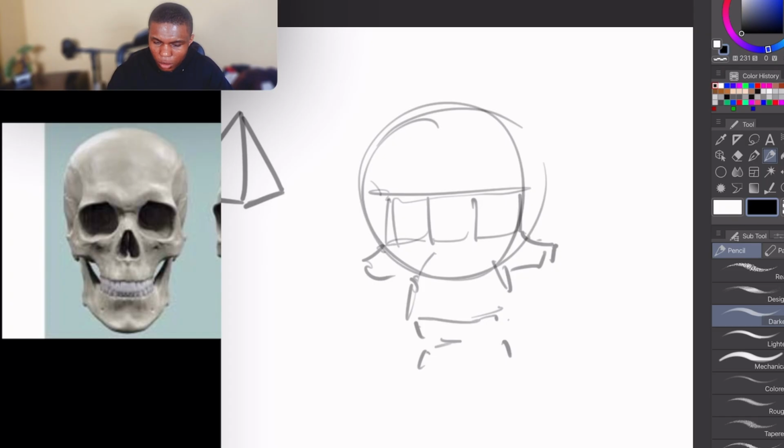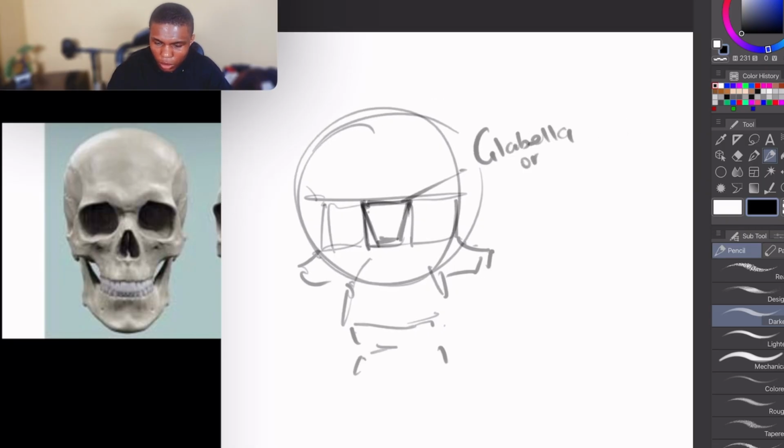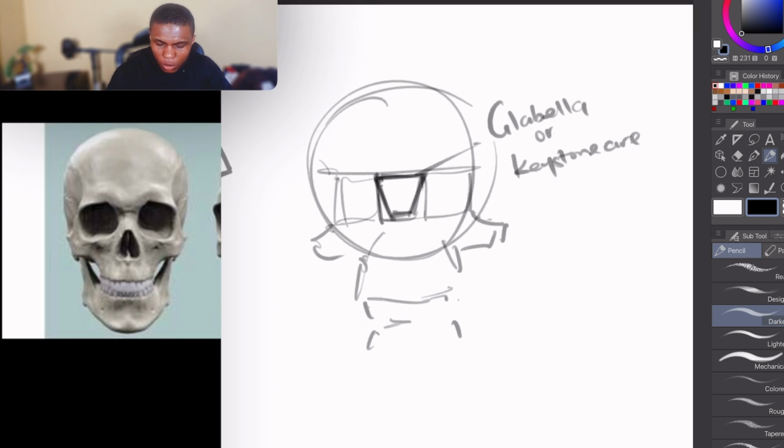You're going to see this area. The nose starts from this area over here, this space here. And this space here is called the glabella, or the keystone area. Right, this triangular area here, and that's where the nose starts from.